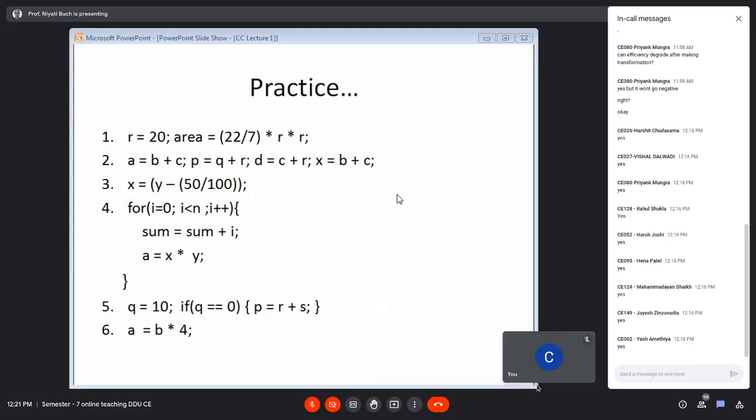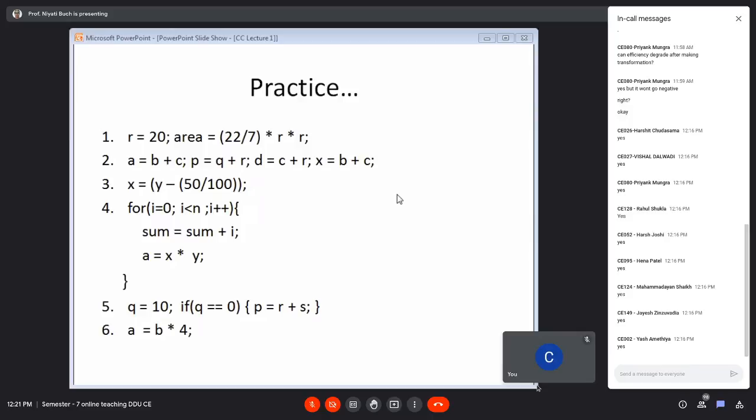Fine. Now it's your task to practice. I have put up some segments of code on this slide. There are six independent segments, 1 to 6, not related to each other. You have to identify which optimizing transformation can be applicable for each.